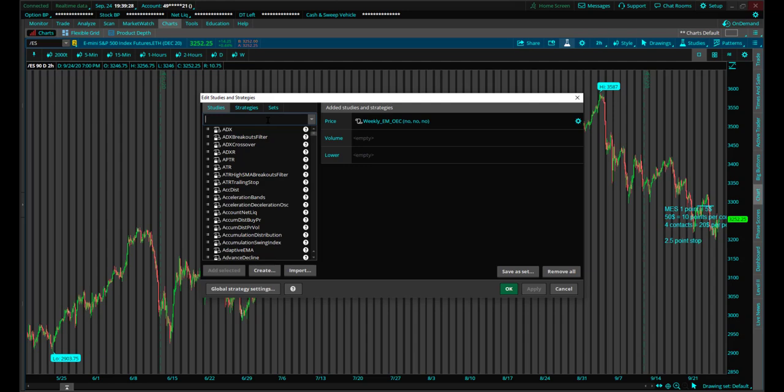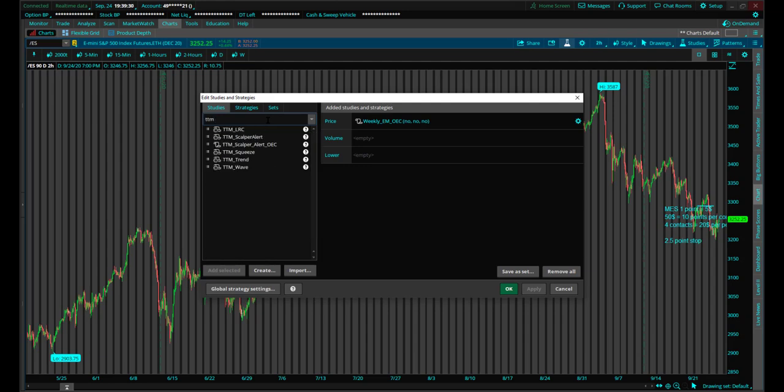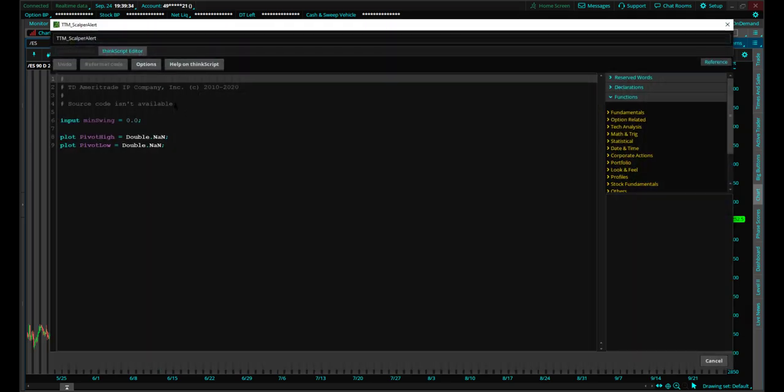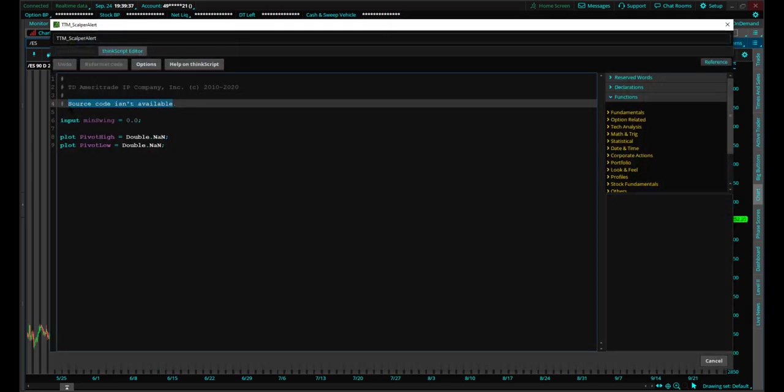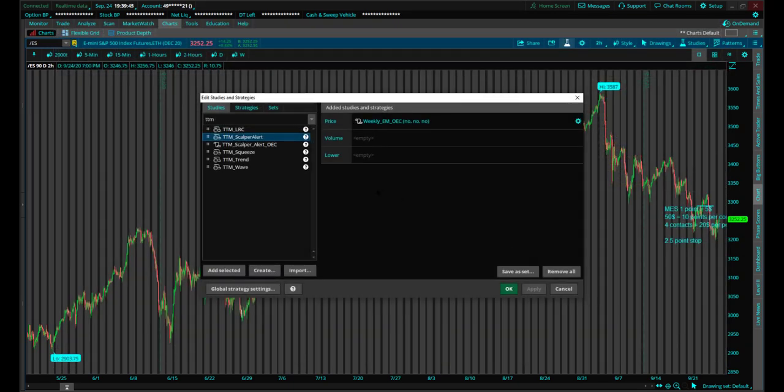On Thinkorswim, there is the TTM series. Now these are black box indicators. Thinkorswim doesn't share the source code, so we really don't know what all of these indicators are focused on. But we've got a pretty good idea of their general structure.